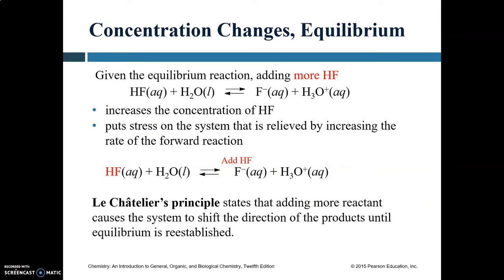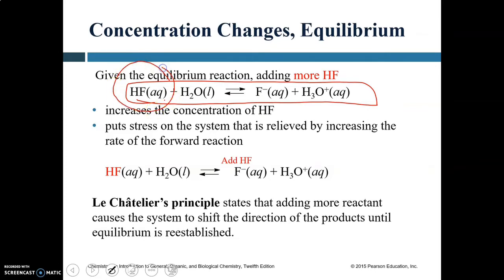So let's take a look at the equilibrium reaction between hydrofluoric acid and water. We're going to consider that this reaction is at equilibrium. When we add hydrofluoric acid, that increases the concentration of hydrofluoric acid in the system, putting stress on the system. How can we relieve that stress?